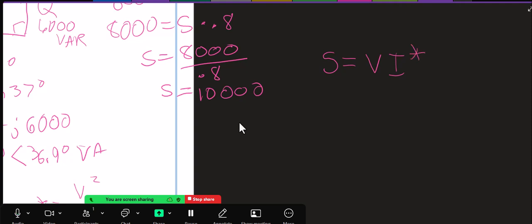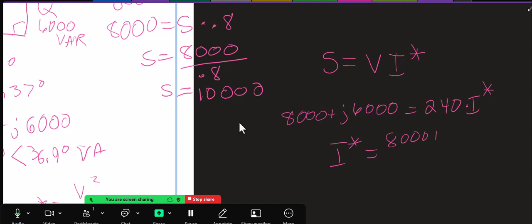We know that S was 8,000 plus j 6,000. We know that V is 240 times I conjugate. So I conjugate is 8,000 plus j 6,000 over 240.